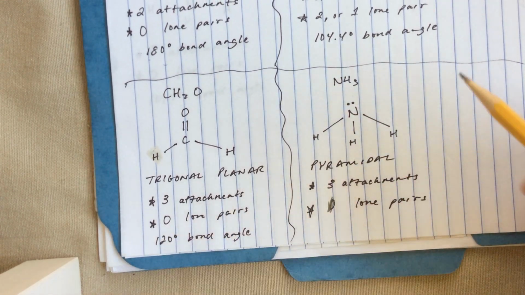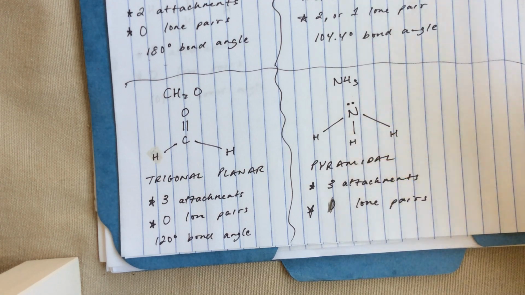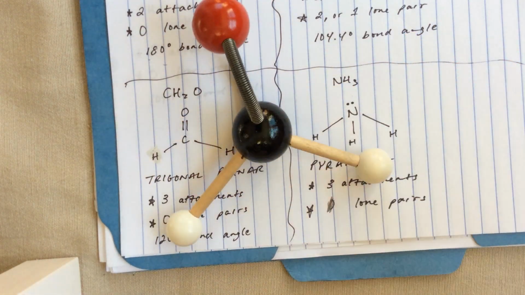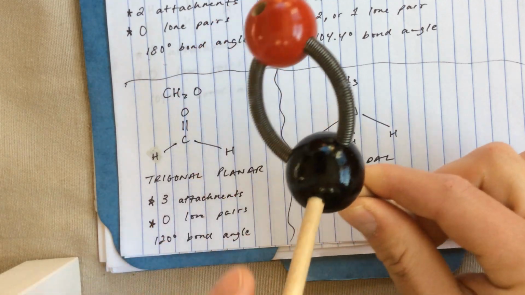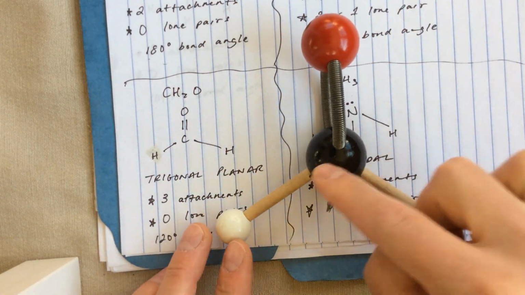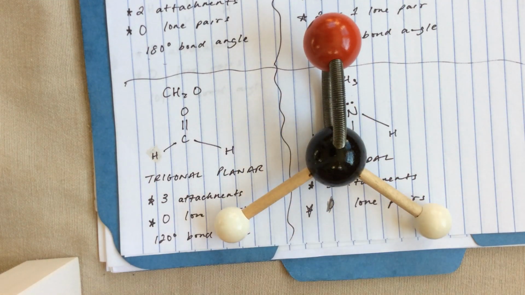So three attachments with one lone pair makes it pyramidal. Trigonal planar is like a plane, flat, basically a flat triangle. You have three things attached, and usually a double bond right there. The bond angle is 120 degrees, 120, 120.